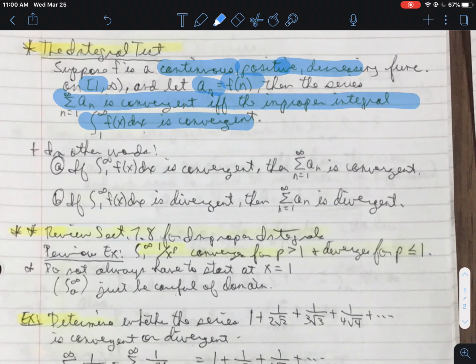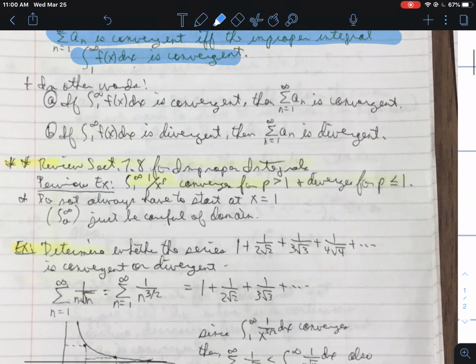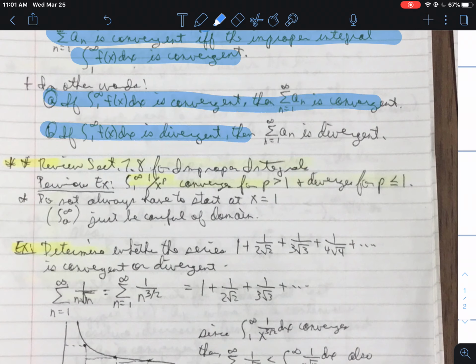And what that's telling us, and you can take it both ways, is if the integral from 1 to infinity of f of x is convergent, then the sum as n goes from 1 to infinity of a sub n is a convergent series. If the integral from 1 to infinity of f of x is divergent, then the sum as n goes from 1 to infinity of a sub n is also divergent. So you don't have to worry about showing if it's larger or smaller.